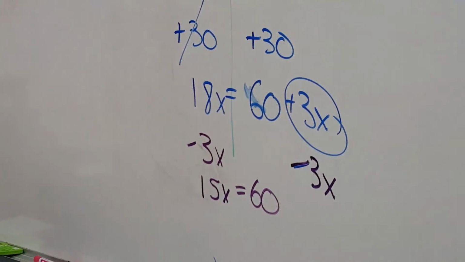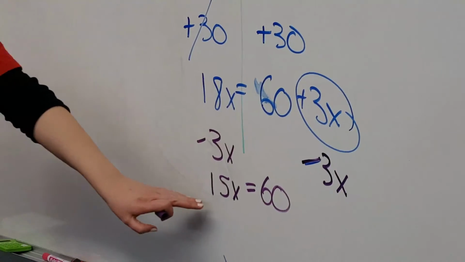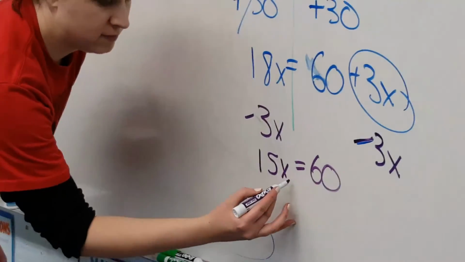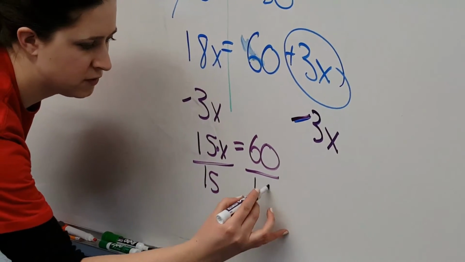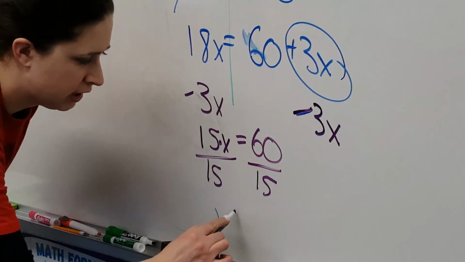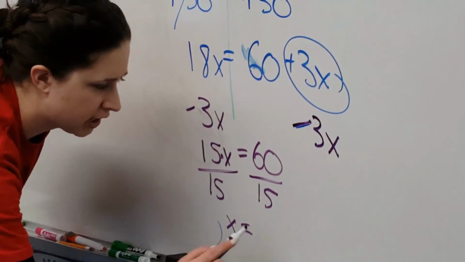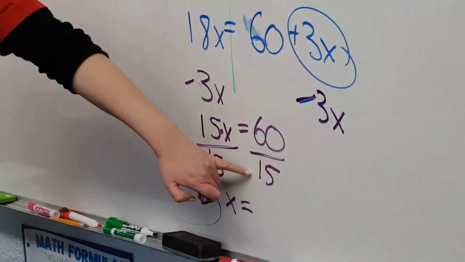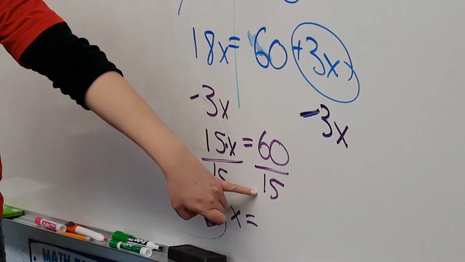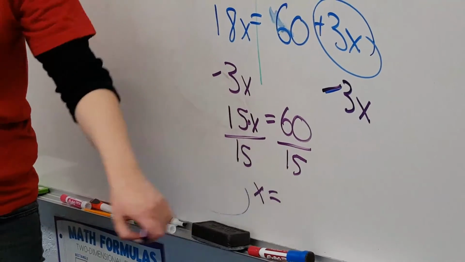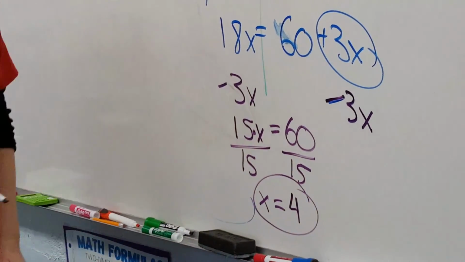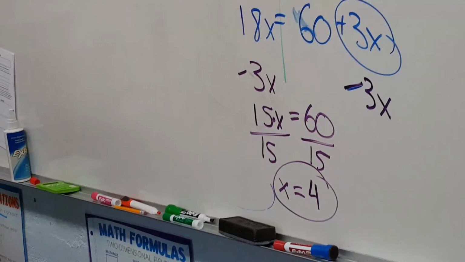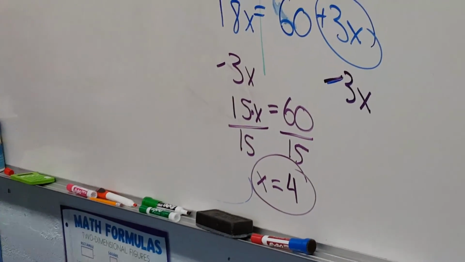My last step then is to figure out how do I get rid of the 15? Since this is 15 times x, I'm going to divide by 15 on each side. And as we know from our friend the clock, when you have 60 minutes and you divide them by 15, you get 4. You get 4. All right, and that is a huge problem, but now we know how to do it.